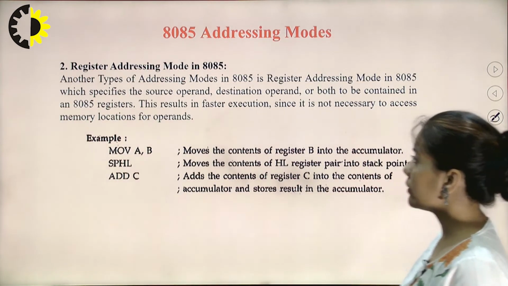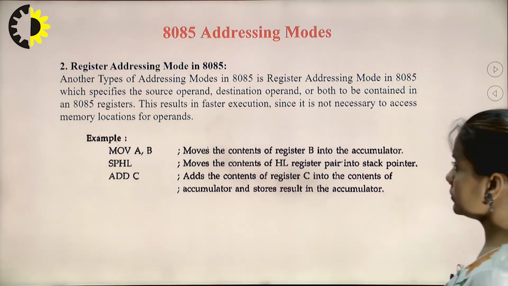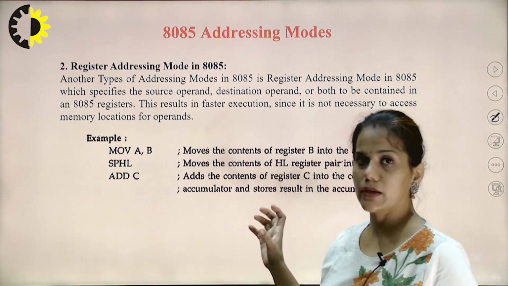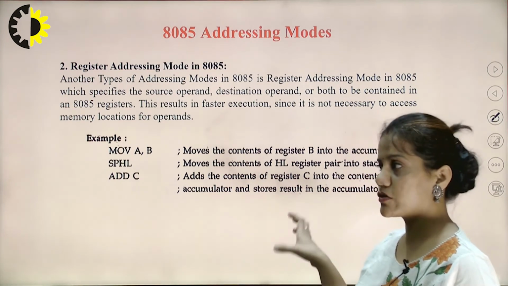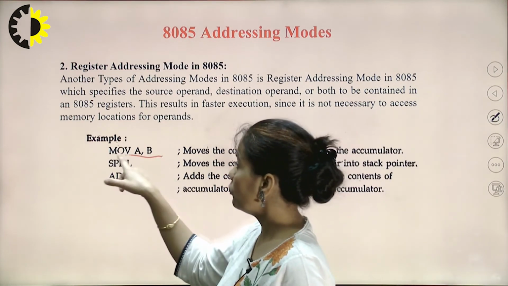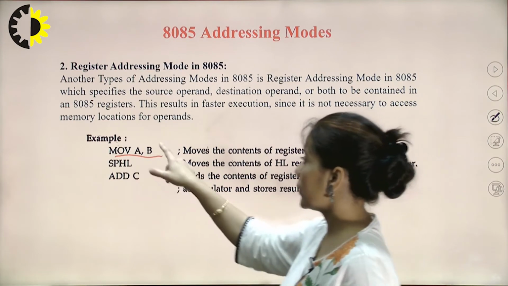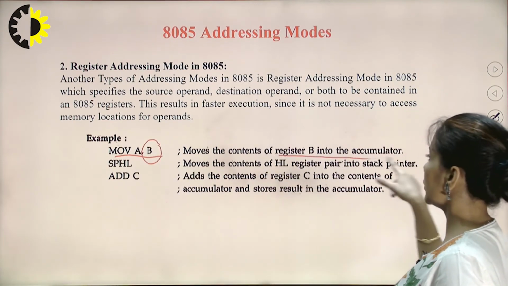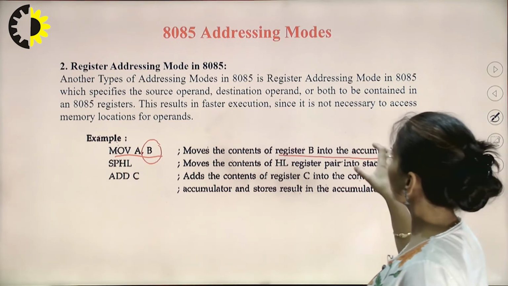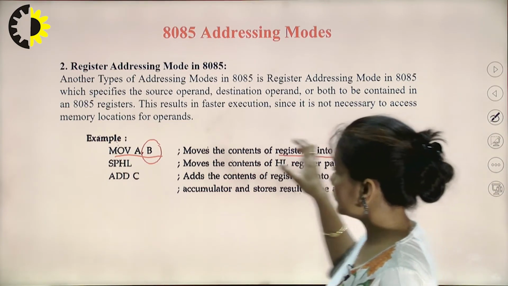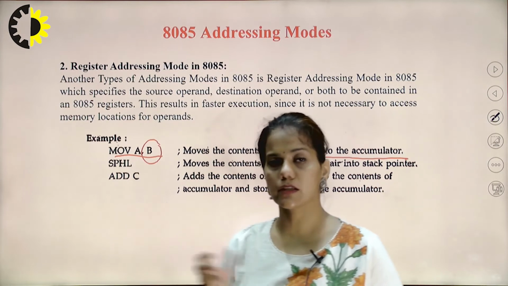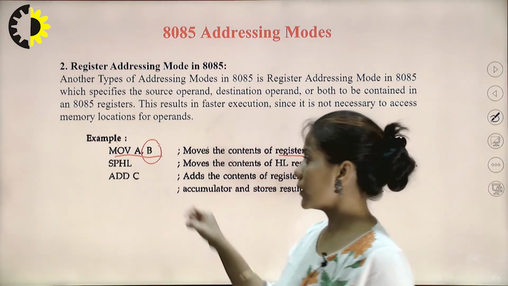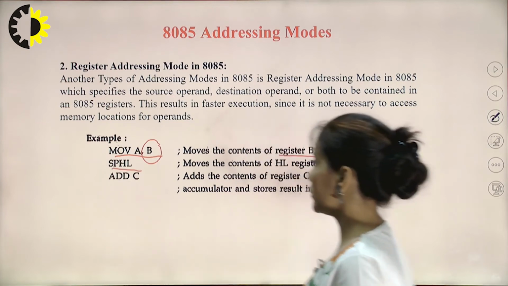In the register addressing mode, the operand is given in the register mentioned in the instruction. MOV A, B: here the operand is in B. It moves the contents of register B into the accumulator. We can say either the destination or the source or both can be registers. MOV SP, HL: what will it do?